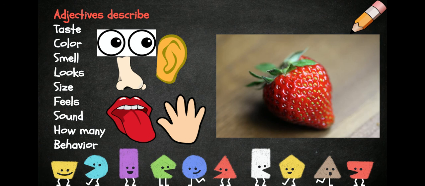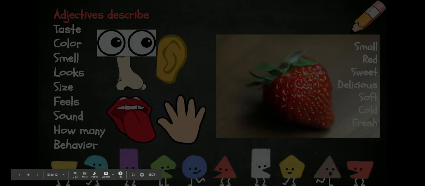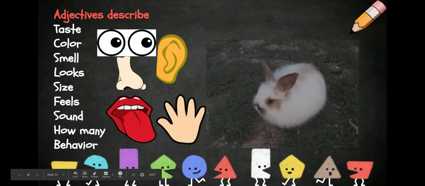If I'm using my five senses to describe this strawberry, I could say that the strawberry is small, is red, is sweet, is delicious, it's soft, maybe it's cold, but it's fresh. All of these are adjectives that I can use to describe the strawberry. Let's try another one.